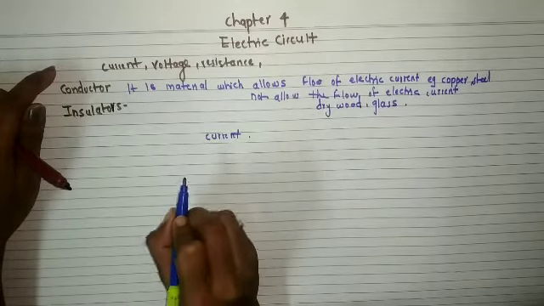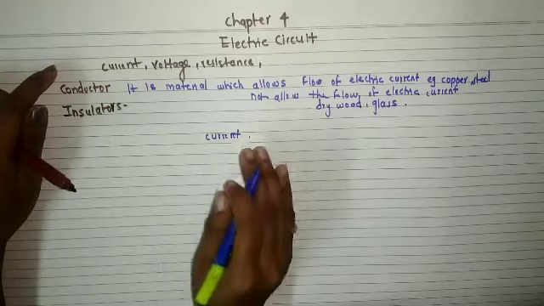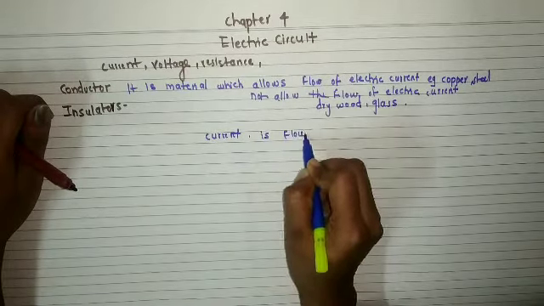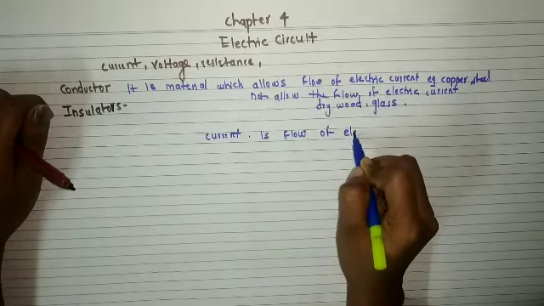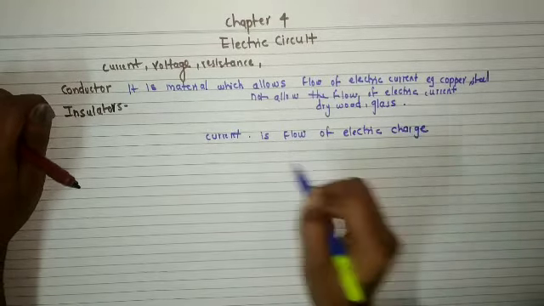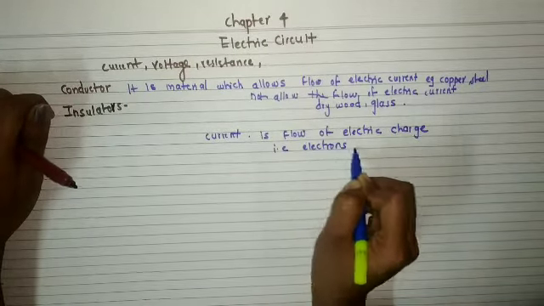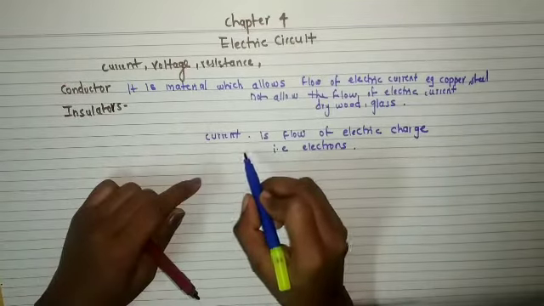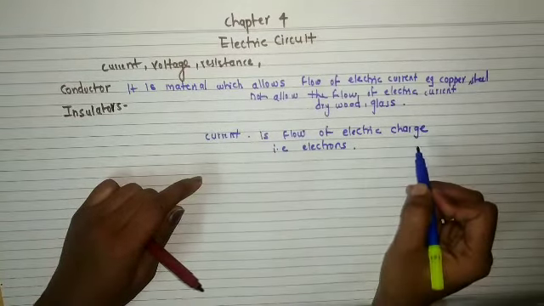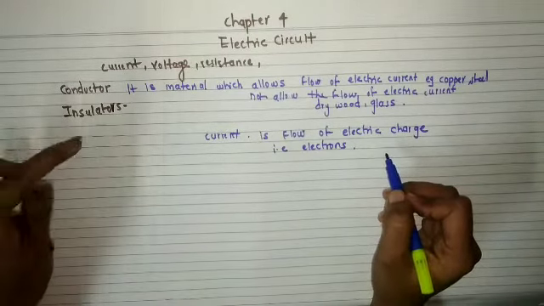Current is nothing but a flow of electric charge, that is electrons. Whenever the electrons flow, it is the flow of electric charge. So this is the basic definition of current, conductor and insulator.